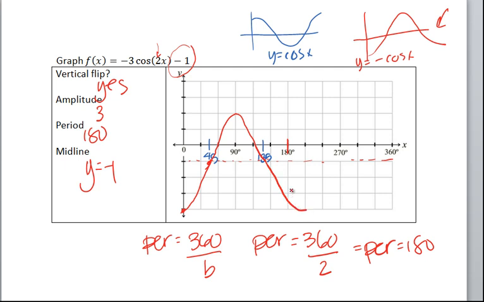Oops, that's actually not how it goes. Let me erase. My graph ends at 180, so I need to come down to here. And that is one cycle of negative 3 cosine 2x minus 1. But the big thing is, in order to find this period, you need to use this formula. So you don't actually see b, but you see the period.